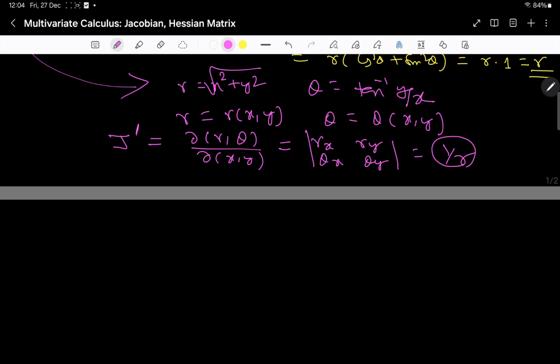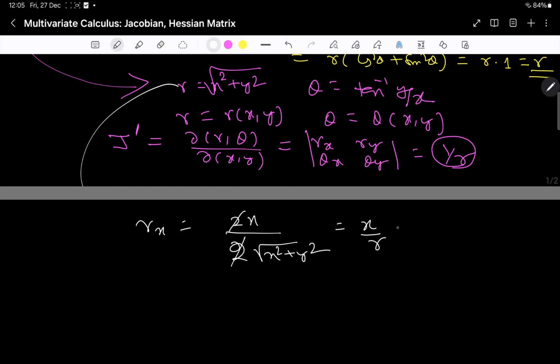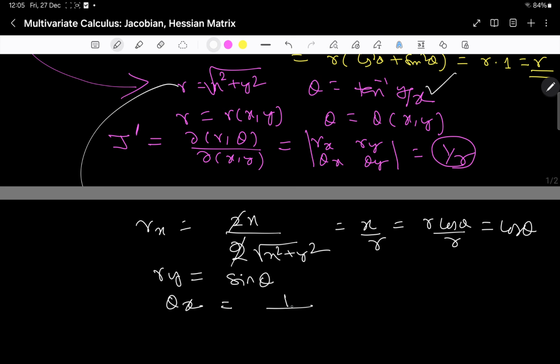Now how is it? You see r is this. What is my r_x? So r_x is 2x divided by 2 into the square root of x square plus y square. The 2 cancels, so it is x by r. x is r cos theta, divided by r, which is cos theta. Similarly, you can find r_y will be sin theta, and similarly theta_x. The derivative of tan inverse is 1 by 1 plus y square by x square.